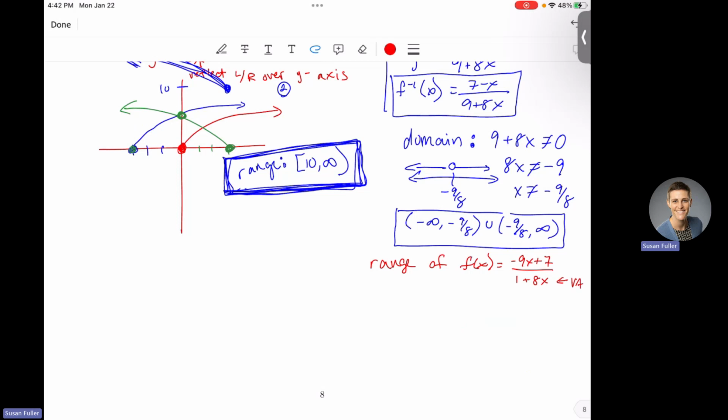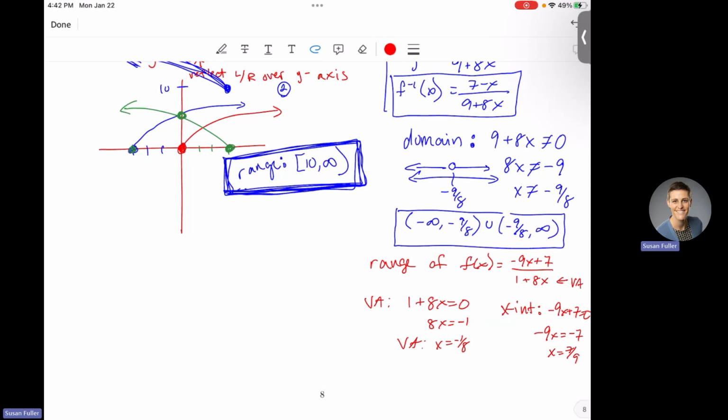I'm going to get my vertical asymptotes from the bottom. So 1 plus 8x, if that equals 0, 8x is negative 1, and x is negative 1/8. That's my vertical asymptote. I have an x-intercept where the top equals 0, which is negative 9x plus 7 equals 0. That means negative 9x equals negative 7, and x equals 7/9.